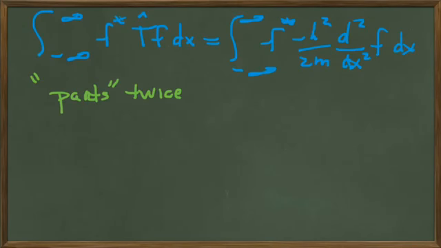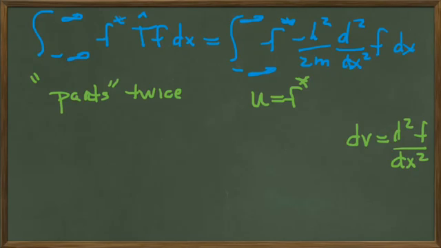So recall that the integration by parts technique has us in our integral identify a u and a dv. So we're going to designate as our u f asterisk, the conjugate of the function f, and we're going to identify as our dv the second derivative of f with respect to x.